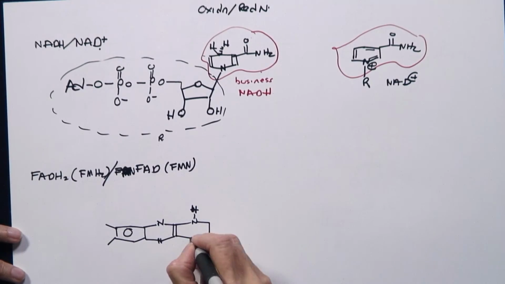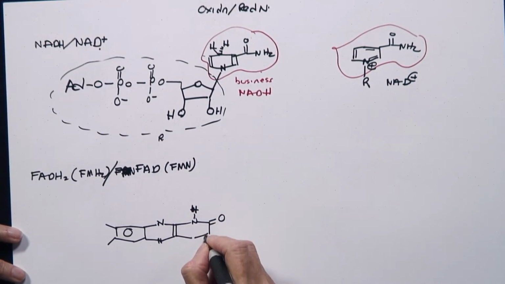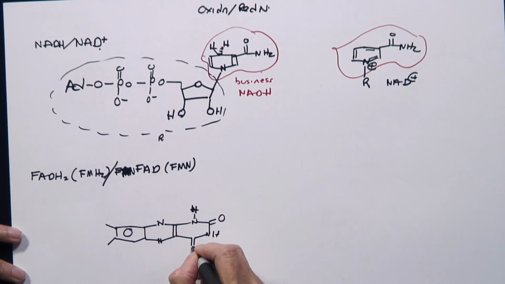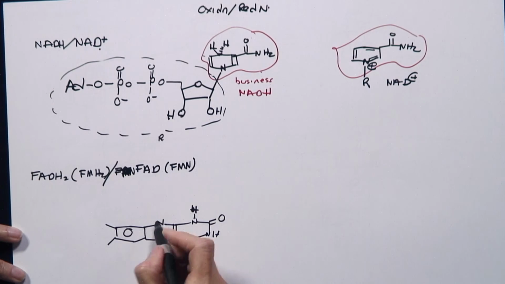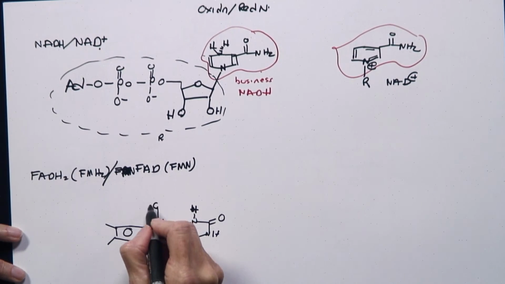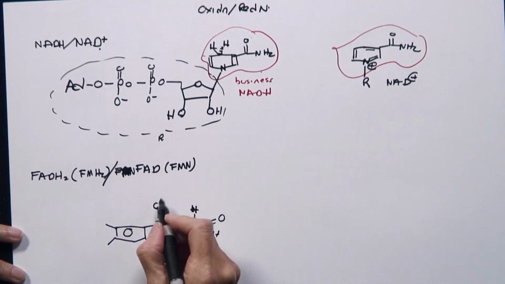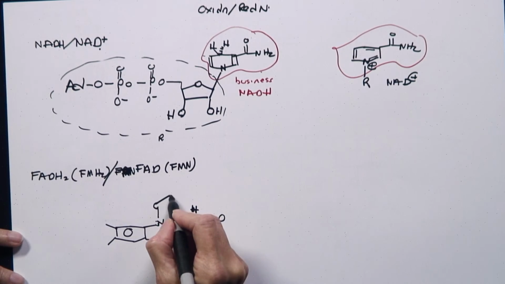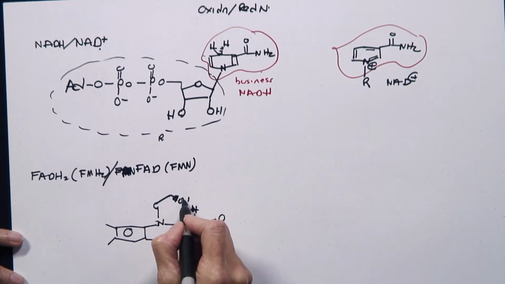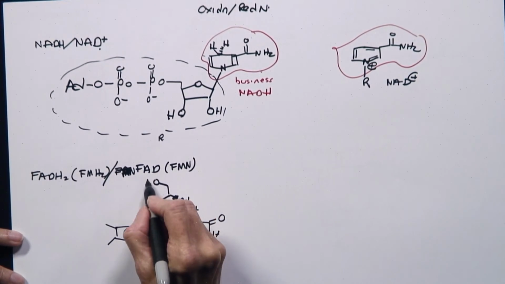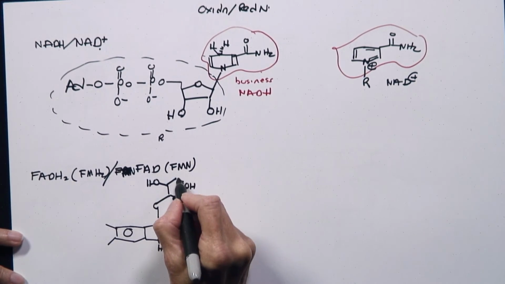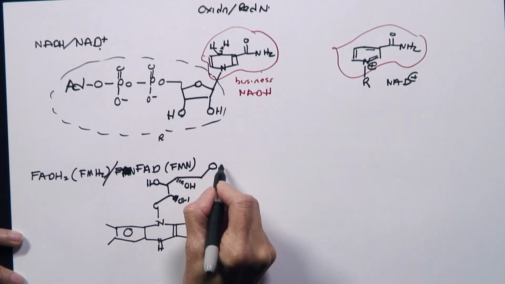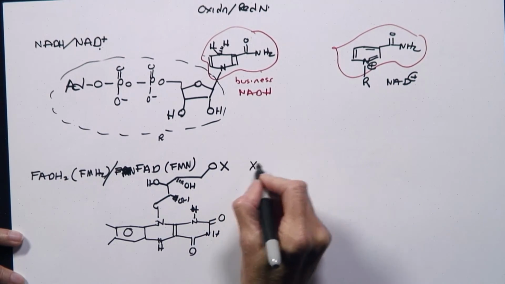I'll show you where the chemical reactivity is and how we know that in a few minutes. Okay, so attached to this nitrogen is a more complex structure with a sugar, where X can be phosphate.